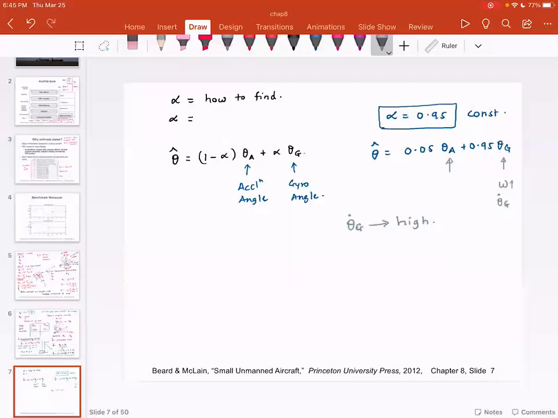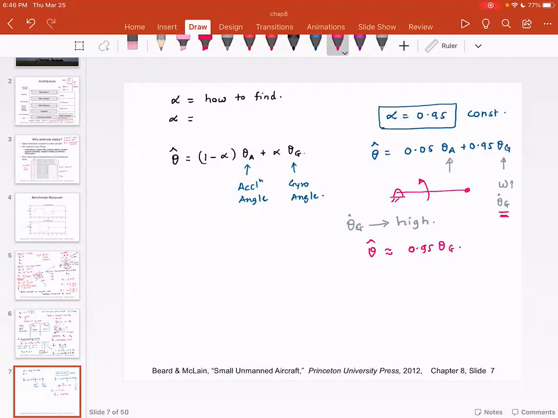The estimate will be about 0.95 times theta g. And I want you to be absolutely clear about this. Imagine that you have this platform, and you are moving this platform very fast. You are going to get a high value of theta dot g. And to get theta g, you need to have theta dot g. If there is no theta dot g, there is no theta g.